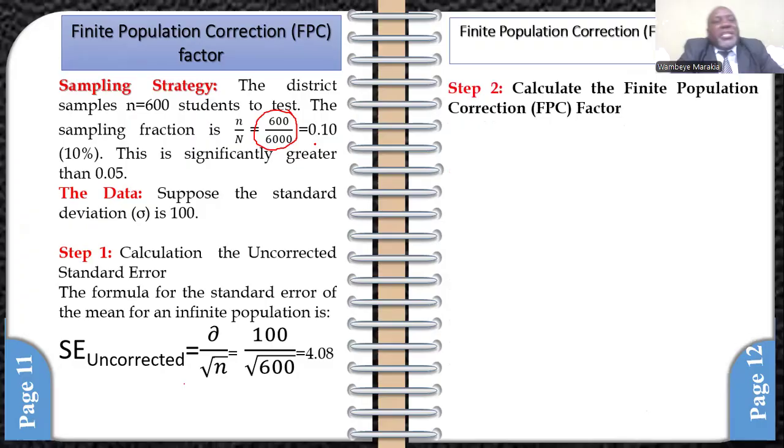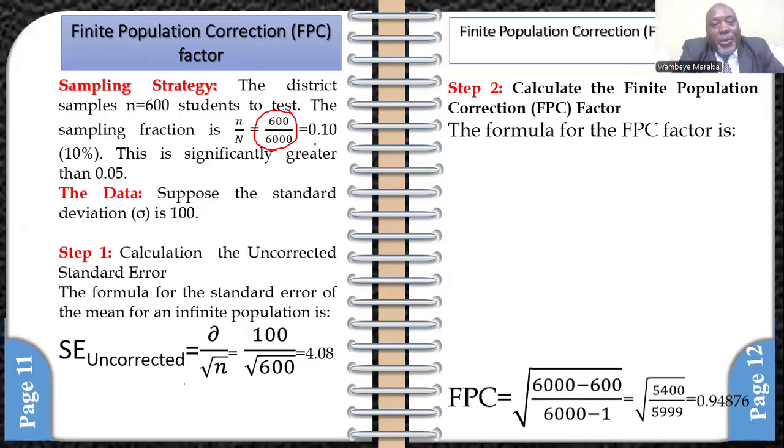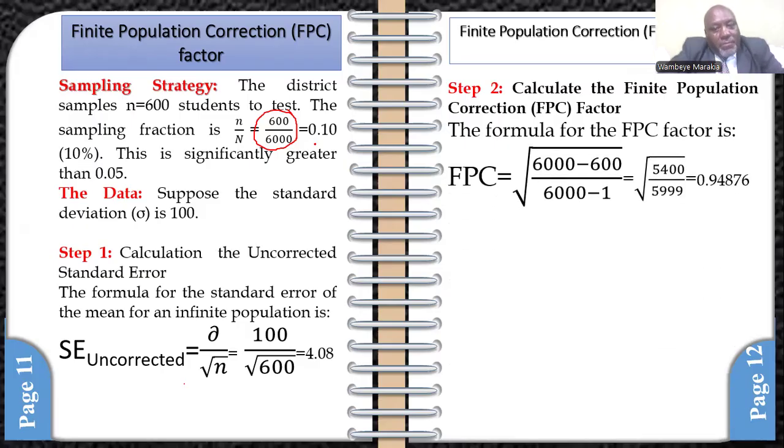Then we proceed to step 2 to calculate the finite population correction, FPC factor. In this case, we apply the formula for FPC, which is the root of the entire population minus the sample, all over the entire population minus 1.